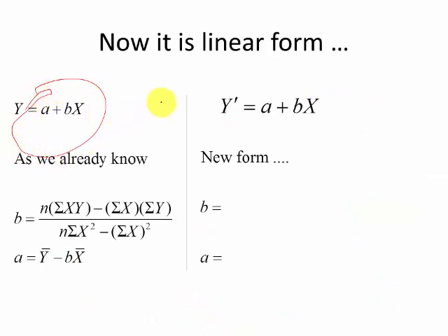This is our original equation, simple, and we find a and b through this formula. You already know it. Now this form is converted into this form where y dash is equal to 1 over y.